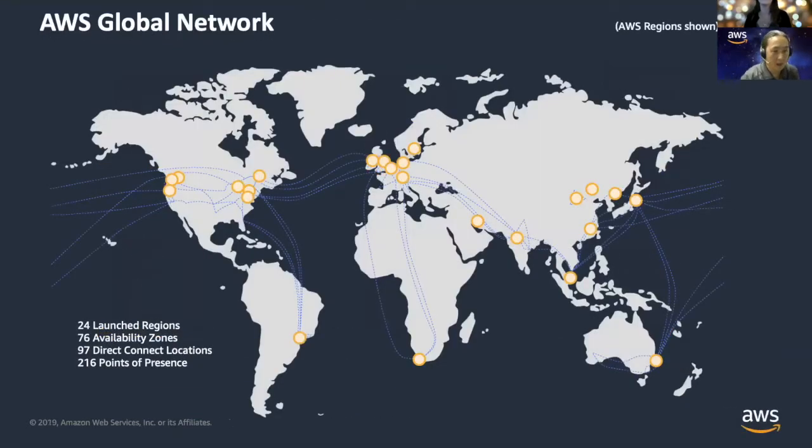So AWS has a global network, right? We've got this huge reach, and we've got 24 regions around the world, which lets you use compute anywhere it's available, anywhere you need it.